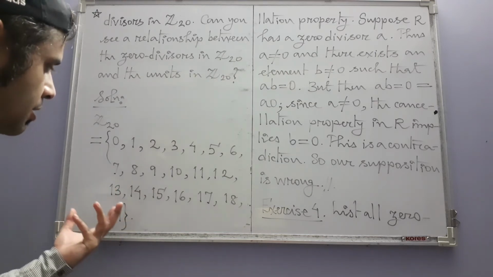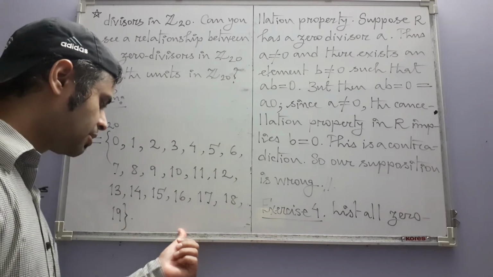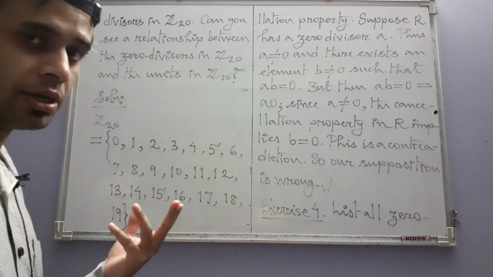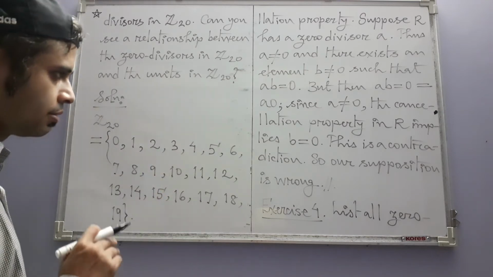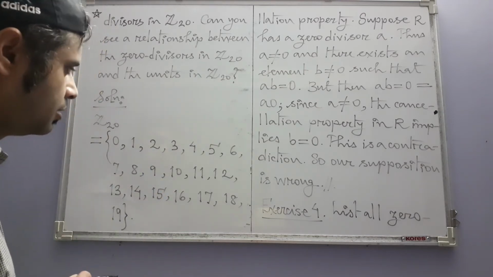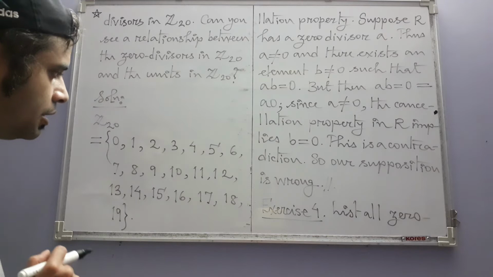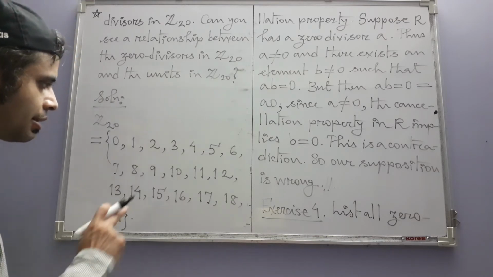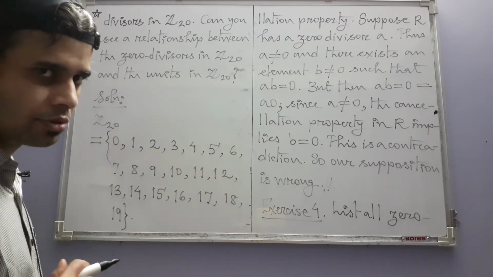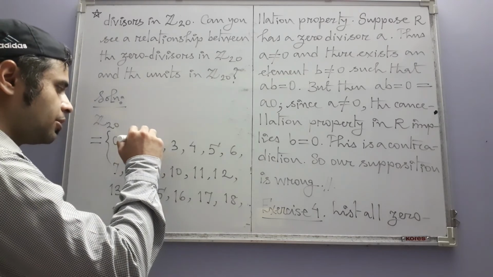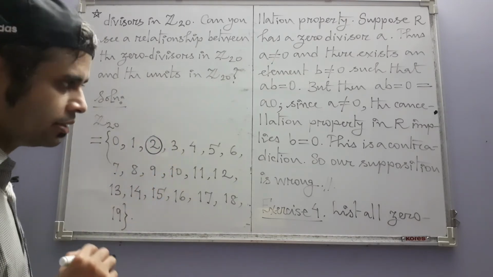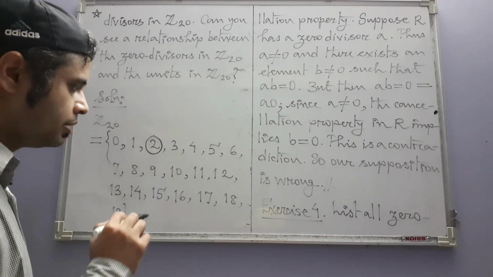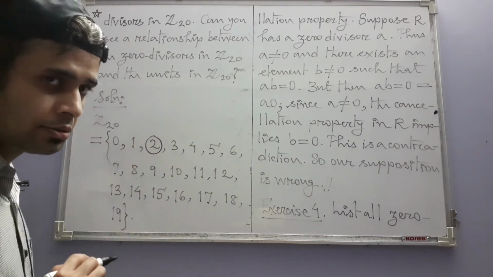In this case, because the operation is multiplication modulo 20, we want a product that is divisible by 20. So you can see immediately that all the even integers are zero divisors. Why? Because 2 times 10 is 20. So modulo 20, 2 times 10 is equal to 0.